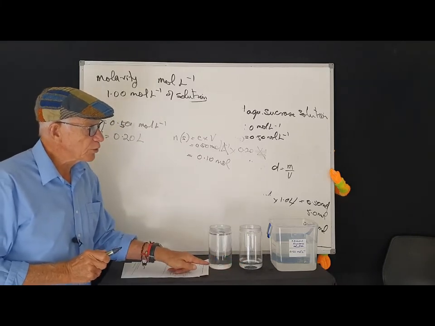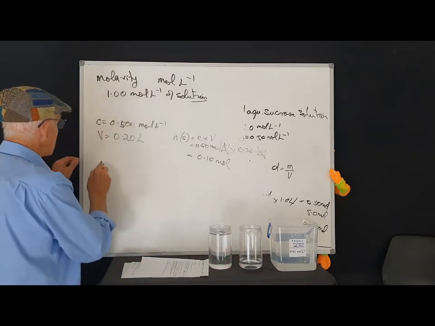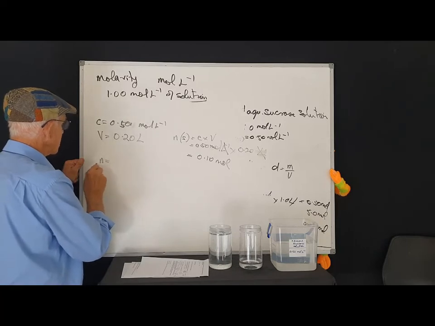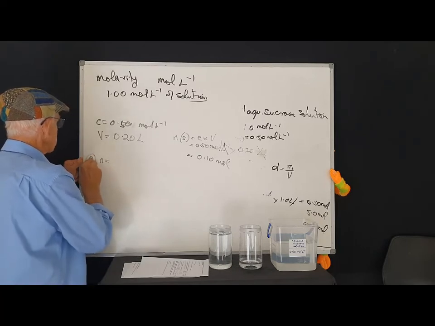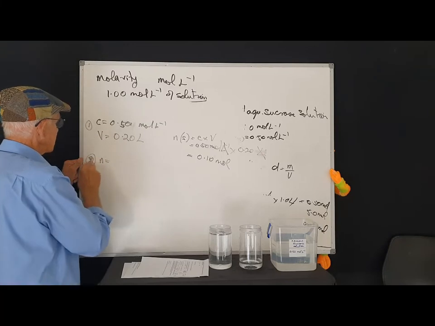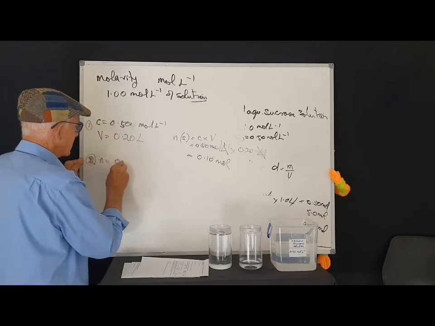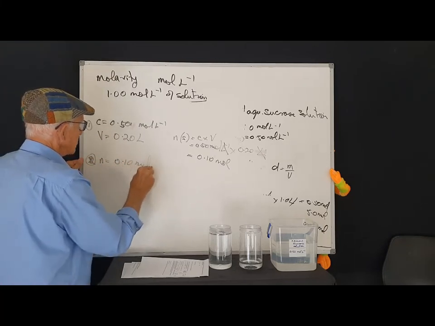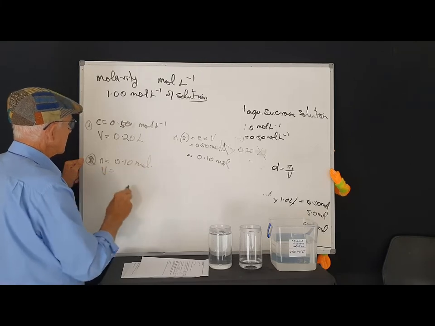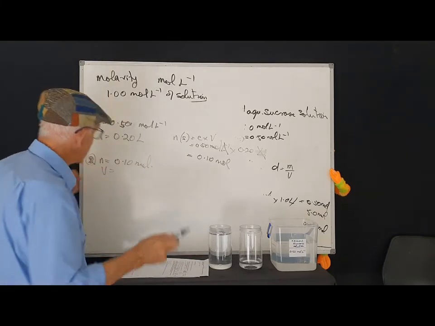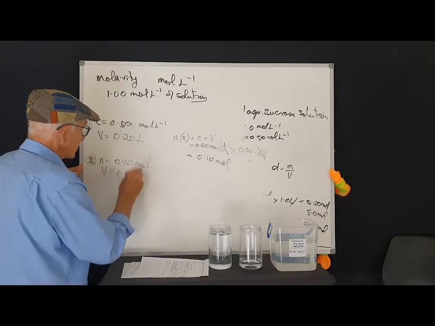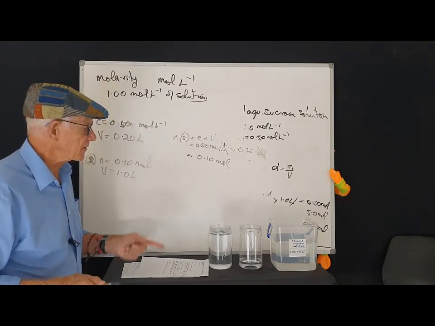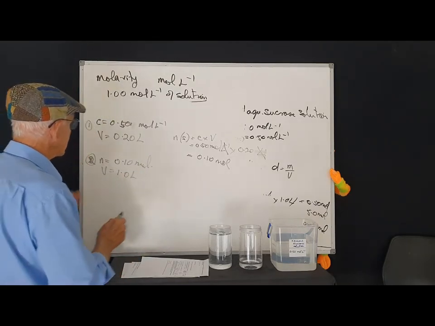Since I haven't added any more to here, I just added some water, I must also have in the second one, let's call this 2, also got 0.10 moles. But the volume is now, let's say, about 1 litre, 1.0 litre. For purposes of discussion, let's presume it's 1.0 litres.